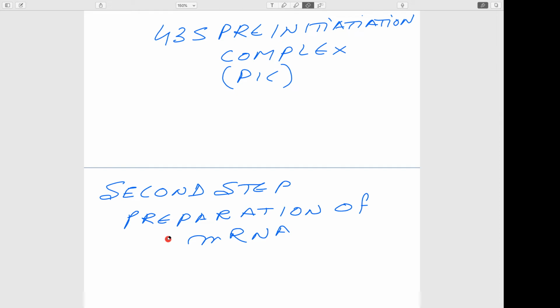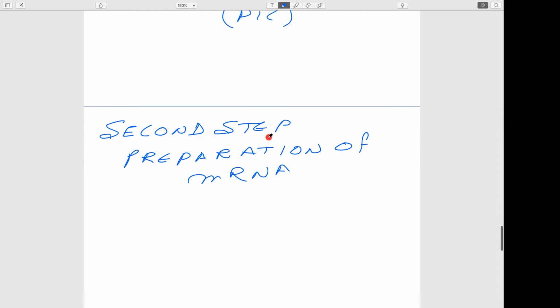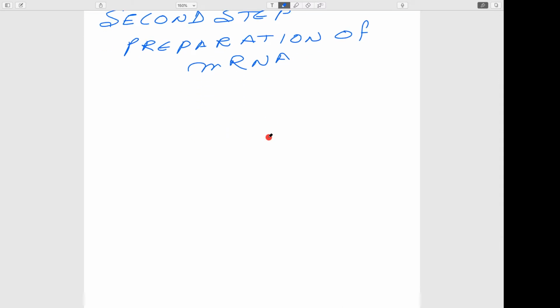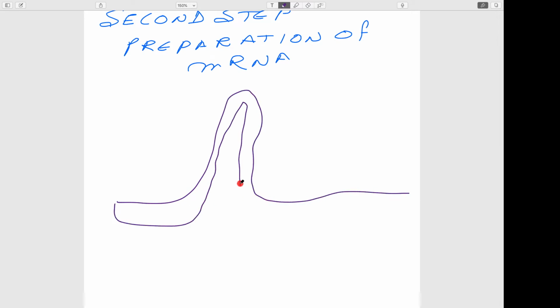So that is the second step. In this, again, let us draw the messenger RNA. We talk about the messenger RNA of the eukaryotic system.